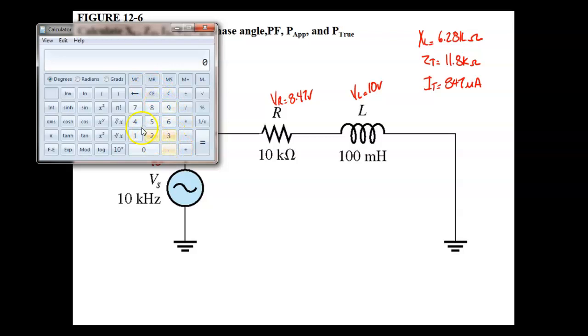So we got 847 microamps. Oh, I see exactly what I did wrong.